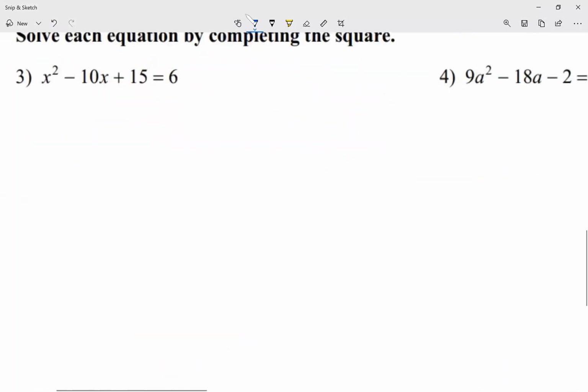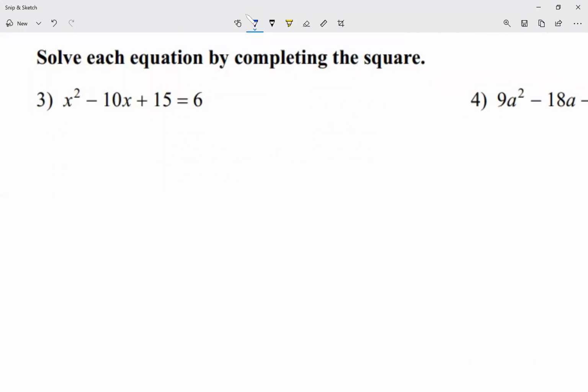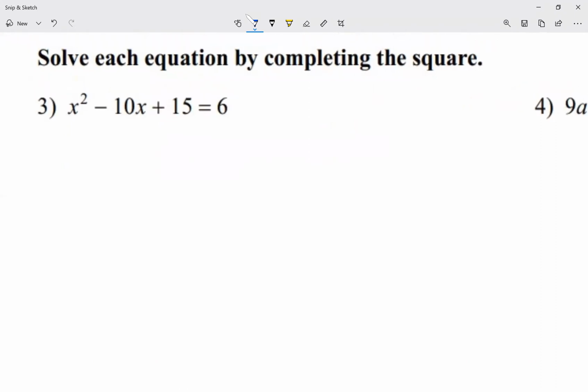Now, completing the square, we're going to be able to use this to solve for the variable. When it says solve each equation by completing the square, I'm looking for the value of x that will make this statement true. I want the x's by themselves.